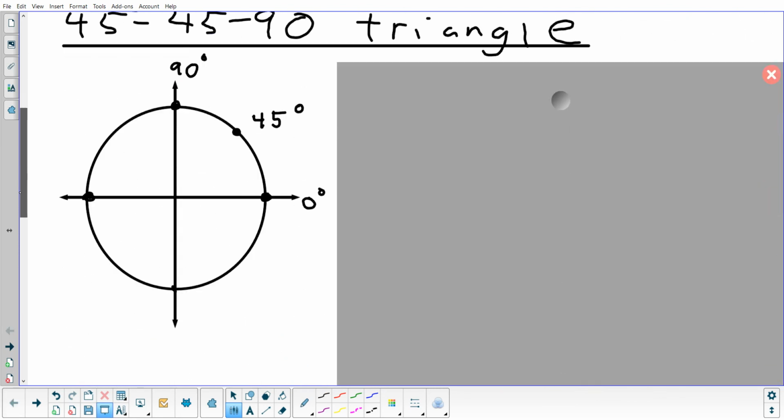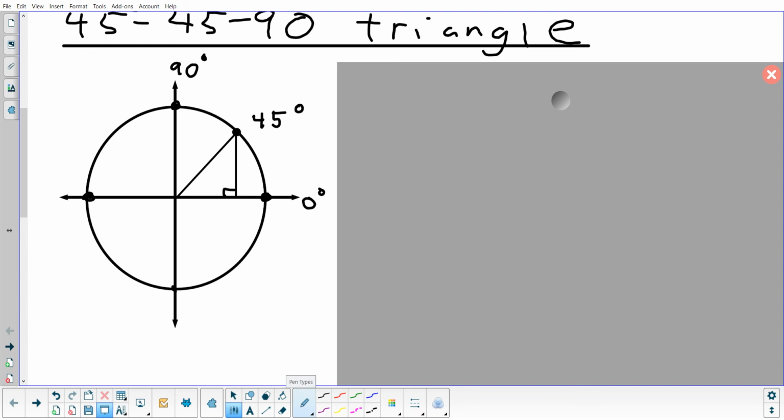So here's the same diagram. I'm just going to make it a little bigger. To figure out what these coordinates are, we're going to make a triangle for each one. The way you make the triangle is you draw a radius from roughly where you think 45 degrees is to the origin, and then straight down, just like that.